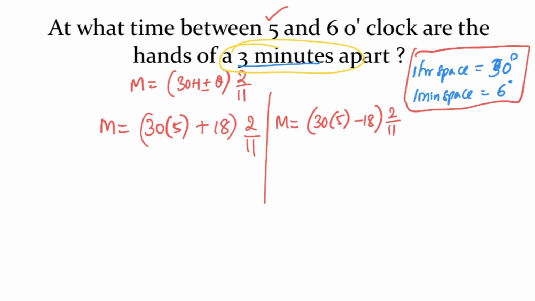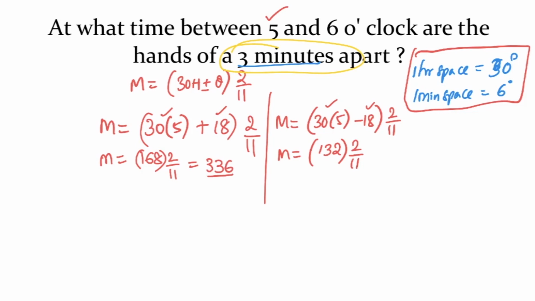Now m is equal to (30 into 5, 150 plus 18), 168 into 2 by 11. m is equal to (150 minus 18), 132 into 2 by 11. 168 into 2, that is 336 by 11. 132 into 2, that is 264 by 11.